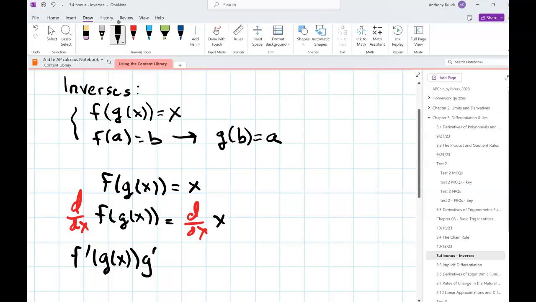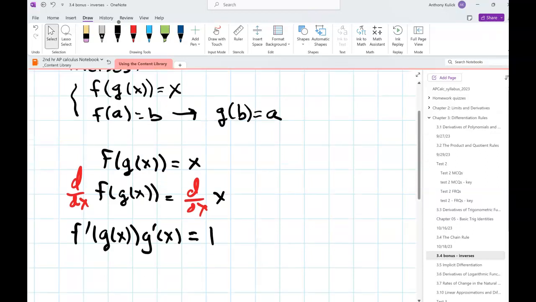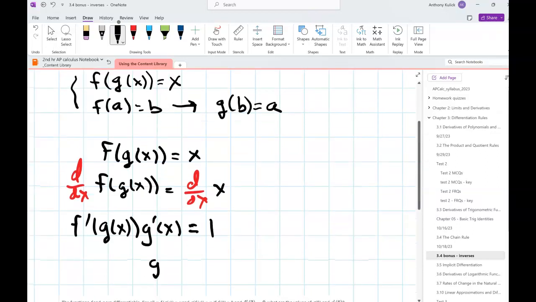Yes, excellent. It's just the chain rule, that's literally the definition of the chain rule. And the derivative of x is 1. So if I divide both sides by f prime of g of x, if f and g are inverses, the derivative of g should be 1 over the derivative of f composed with g. That's all we're saying.